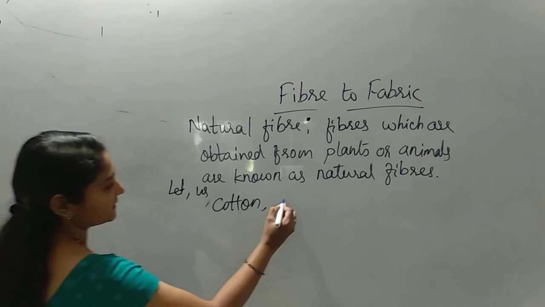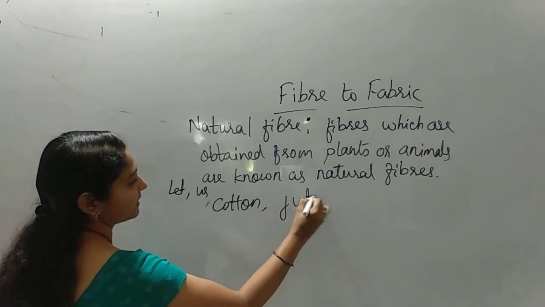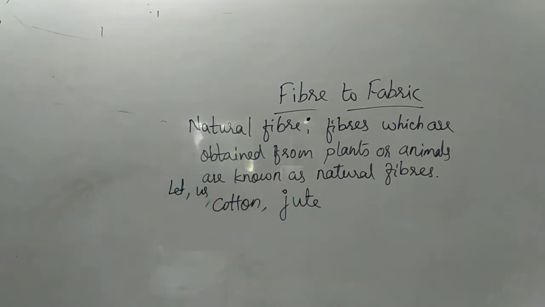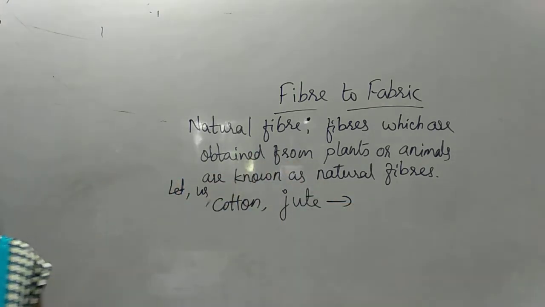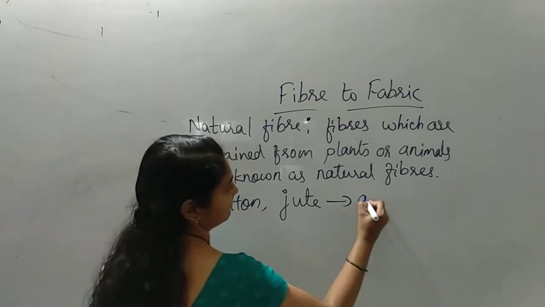Then one more is jute. We have seen that the jute plant is there, and jute is also extracted from plants. So mainly here we are going to consider cotton and jute. Cotton and jute are obtained from plants.